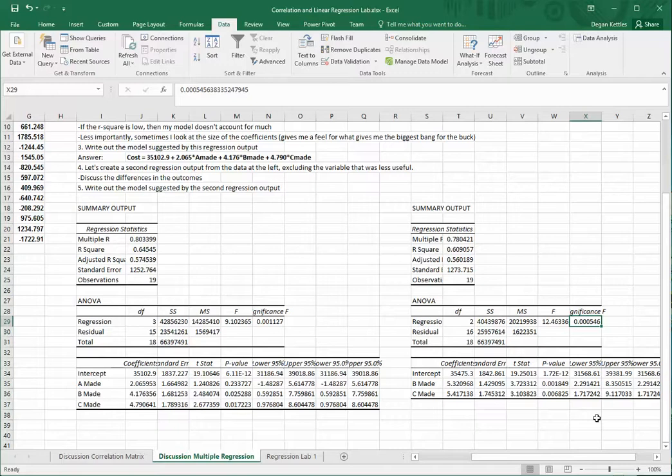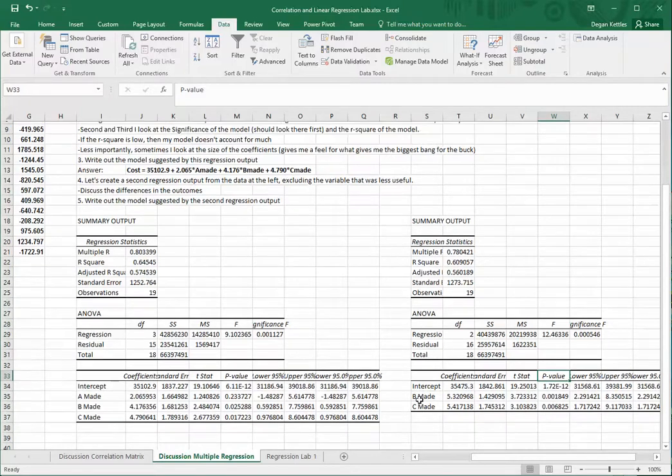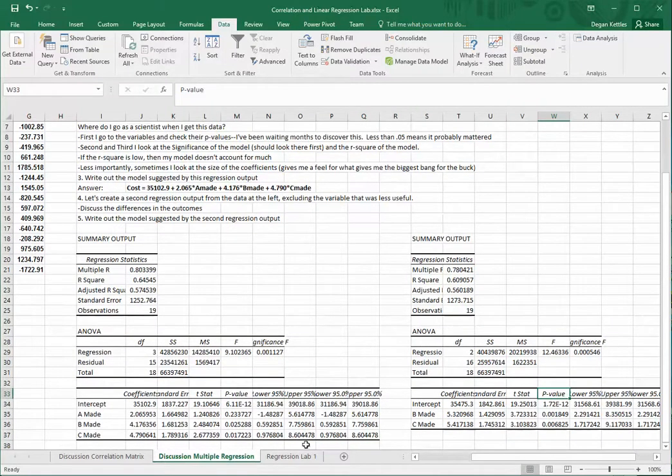And in terms of the p-values, I only have B and C as input variables now, but the p-values are more significant. They're lower. So we know we're really sure at this point that these things matter. But by trimming off something, it looks like we lost a little bit from this perspective, but we gained something from this perspective.